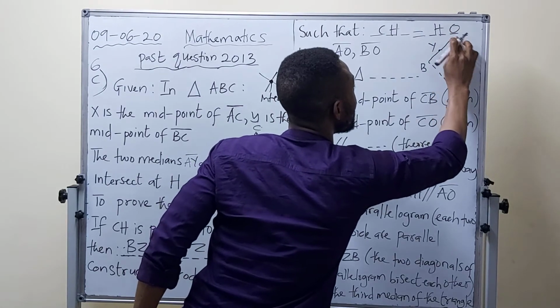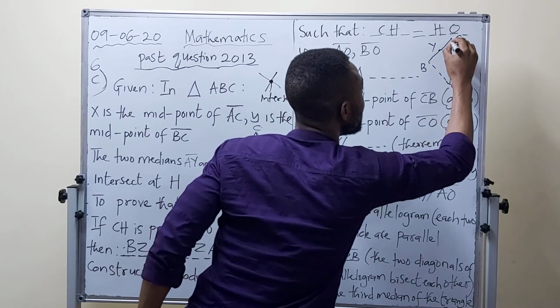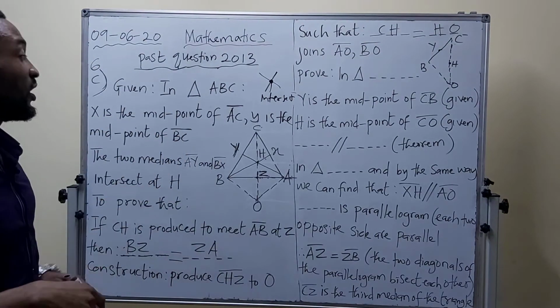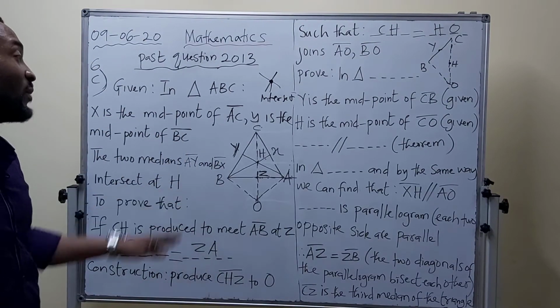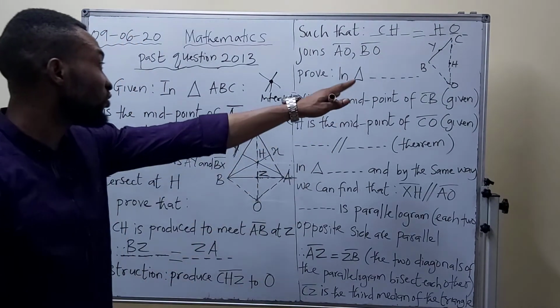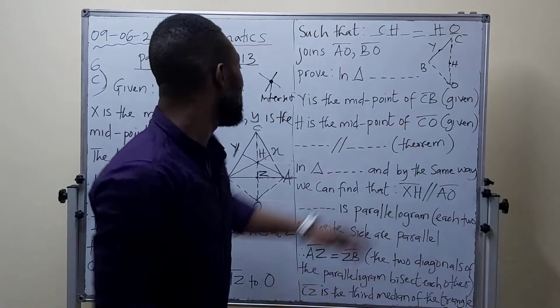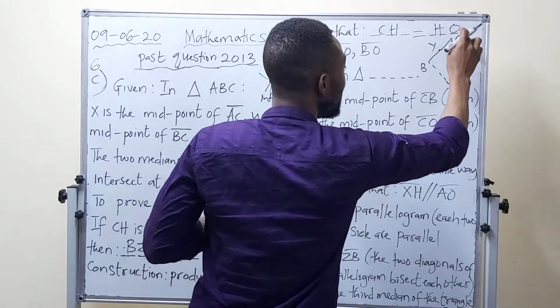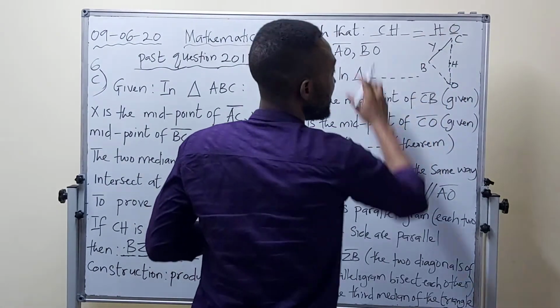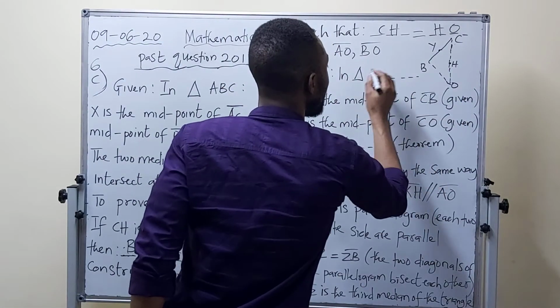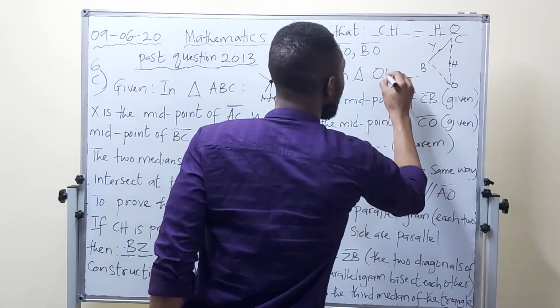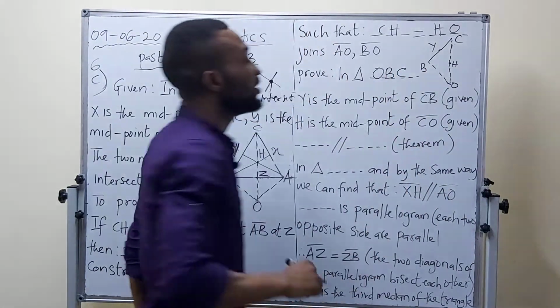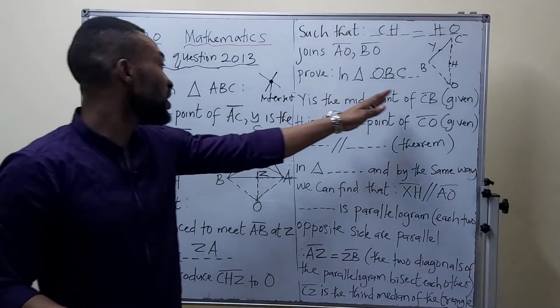Sorry, this one is C. You can see that we already picked the triangle they are talking about. What triangle are they trying to talk about here? They are talking about triangle BCO, or OBC. That is the triangle they are talking about here.